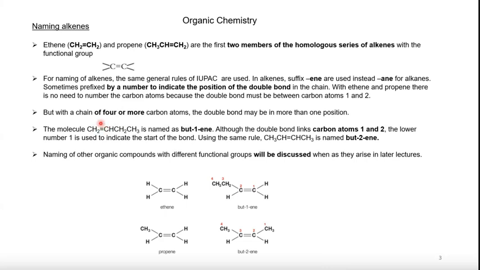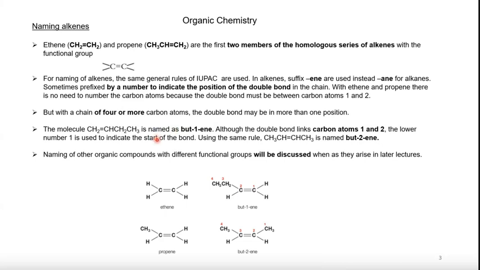For example, it was butene, we said but-1-ene. This double bond is at carbon 1, therefore we said but-1-ene. And similarly, if it is between 1 and 2, we take the lower number and name it as but-1-ene.